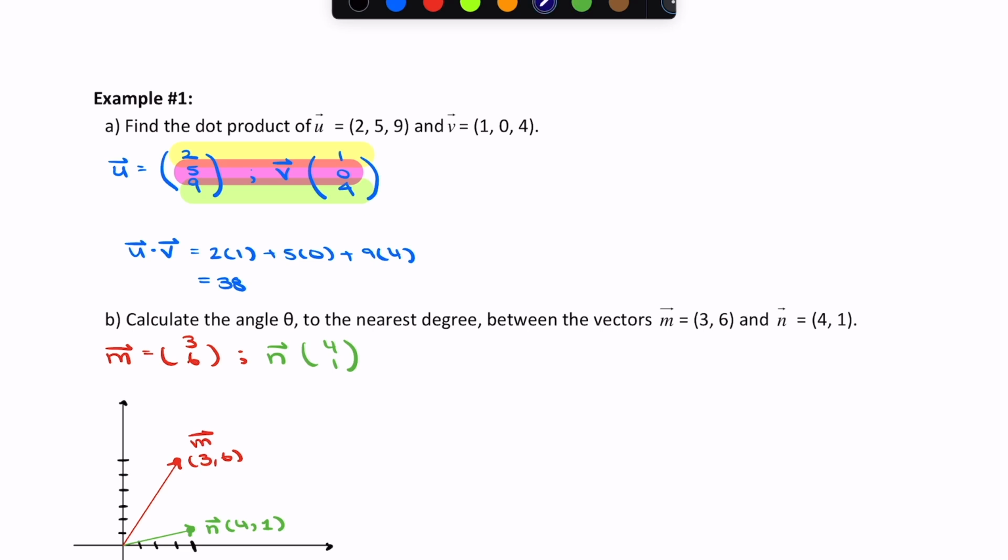So again, if we recall our formula, cos theta is equal to the dot product of vector m times vector n over the magnitude of vector m and the magnitude of vector n.